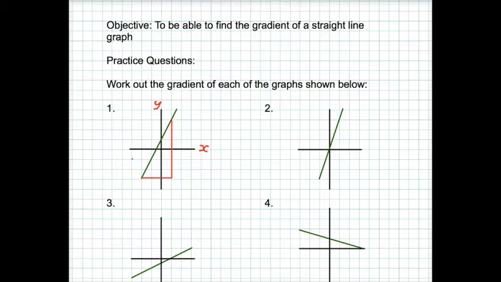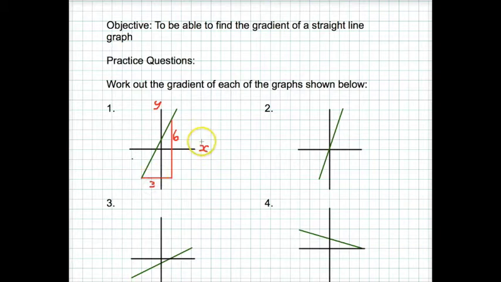What we now need to do is count the distance between the y coordinates of these points. So here we've got 1, 2, 3, 4, 5, 6. And going across we've got 1, 2, 3.